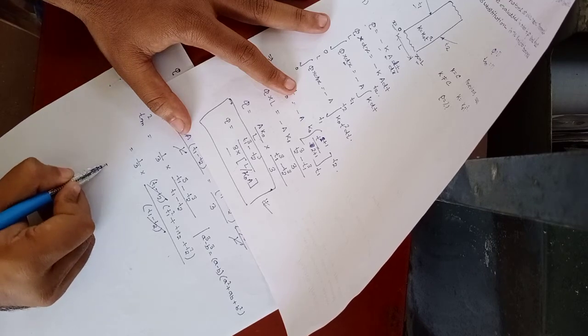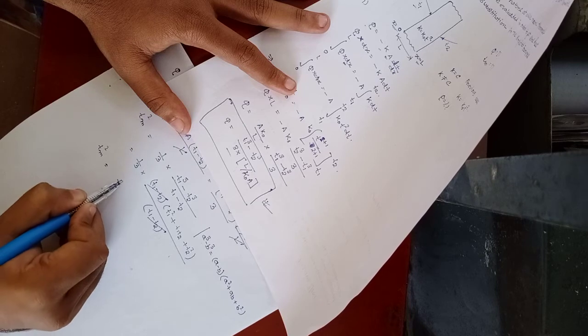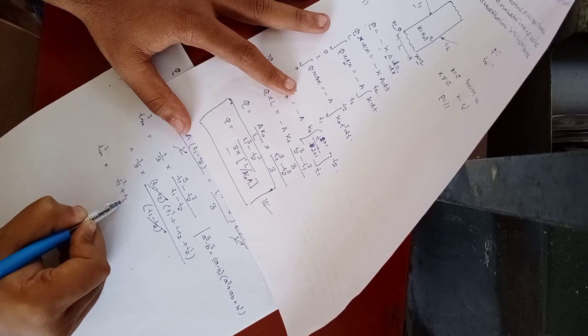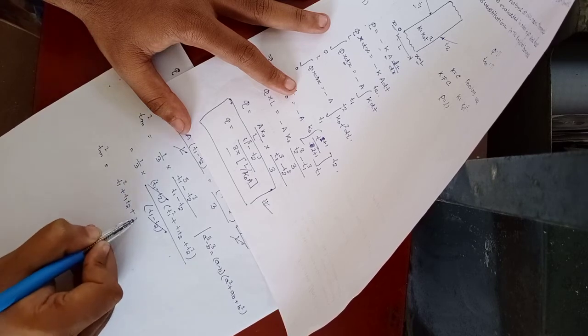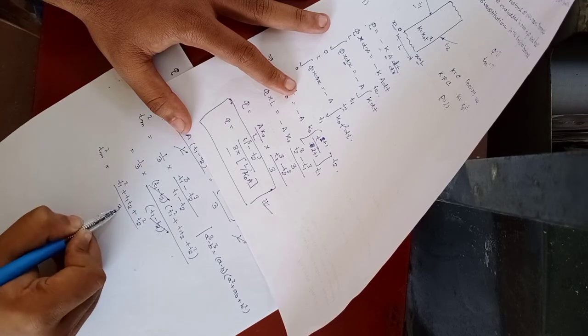So it is coming as Tm square is equal to T1 square plus T1 T2 plus T2 square by 3.